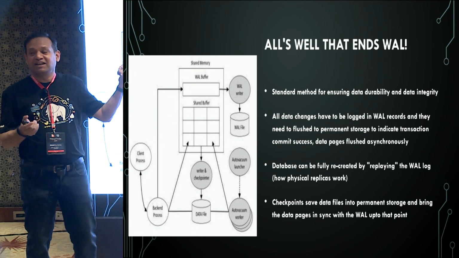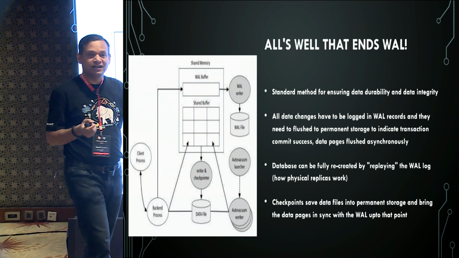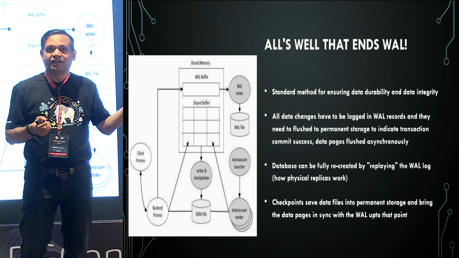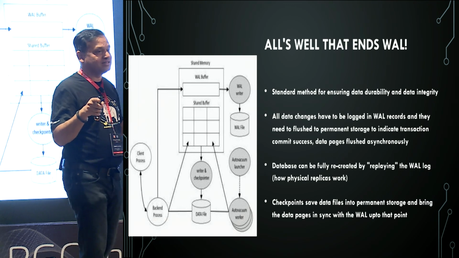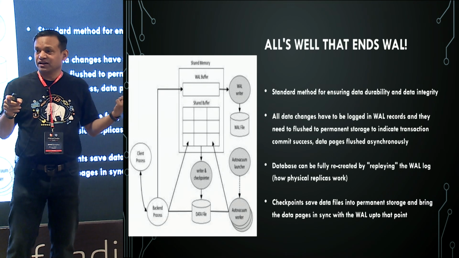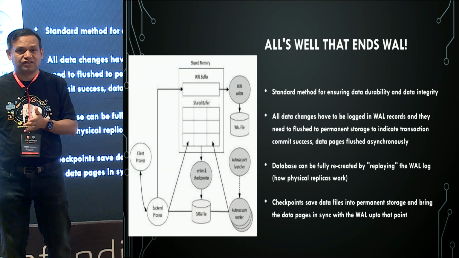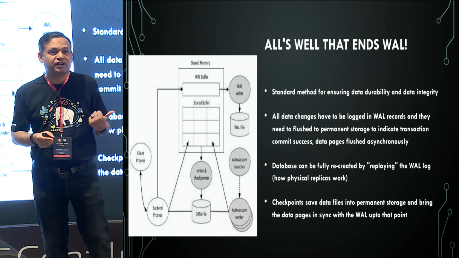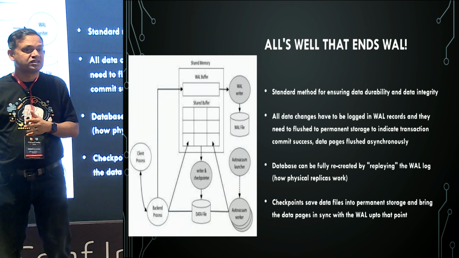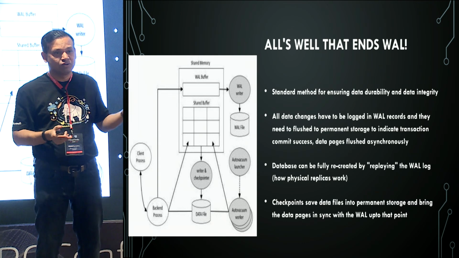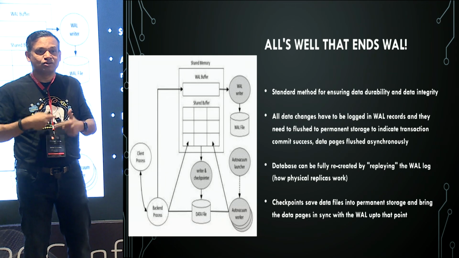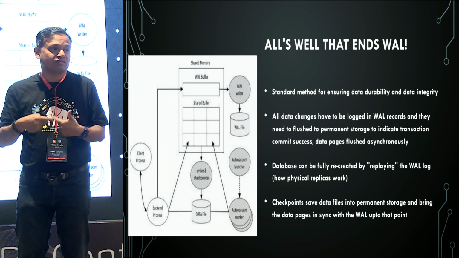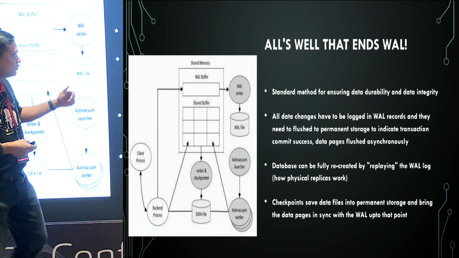And when we say transaction commit, typically it is the WAL that gets flushed to persistent storage. Postgres also modifies the data pages of the table itself, but those are flushed asynchronously. We don't want the performance penalty of being synchronous with the data pages as well. WAL is sequential, and sequential data writing works really well. So that is what we do.